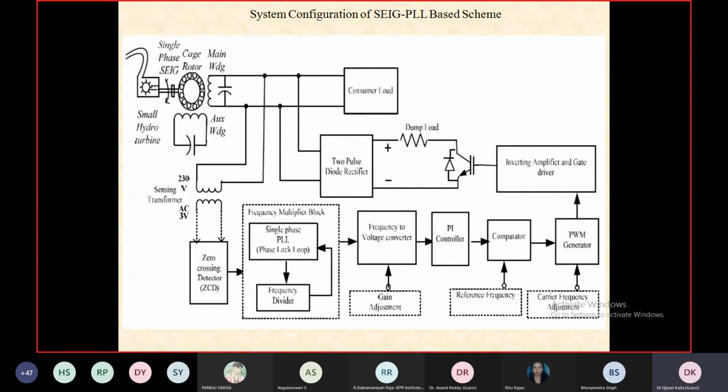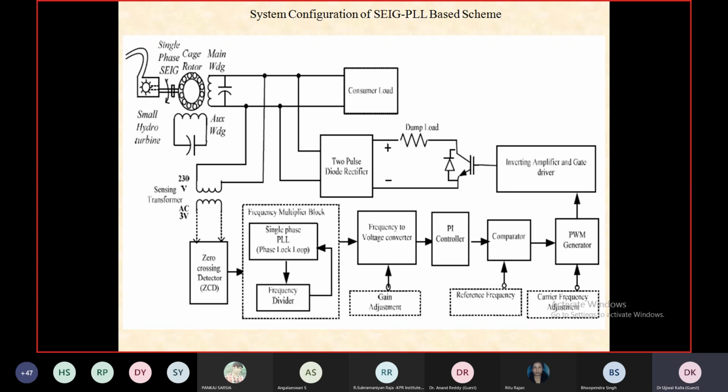So whenever the system frequency varies, the magnetization curve of the induction machine will shift either upward or downward. Now because the magnetization curve itself has been shifted, and by this control we were earlier controlling the point of operation on that magnetization curve.